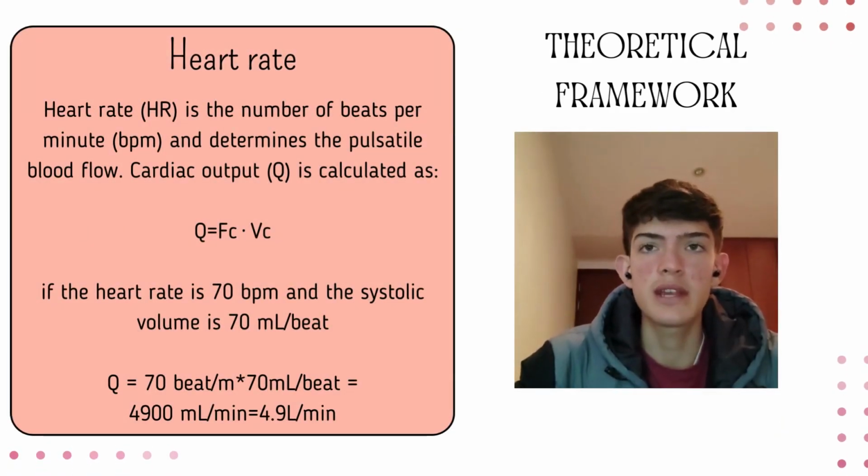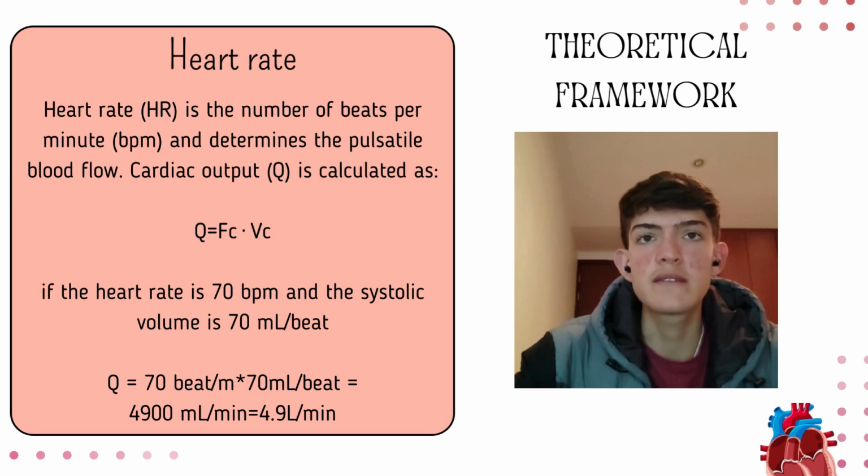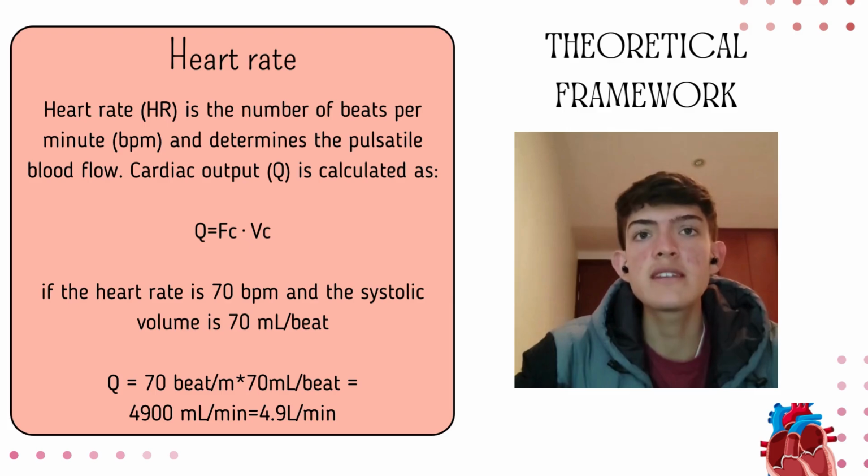Heart rate. Heart rate, HR, is the number of beats per minute, BPM, and determines the pulsatile blood flow. Cardiac output, Q, is calculated as Q equals HR times stroke volume.